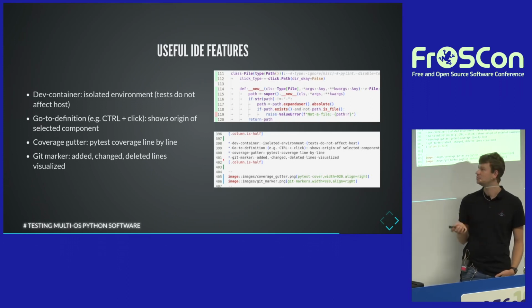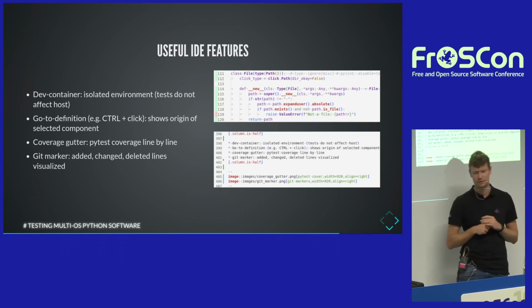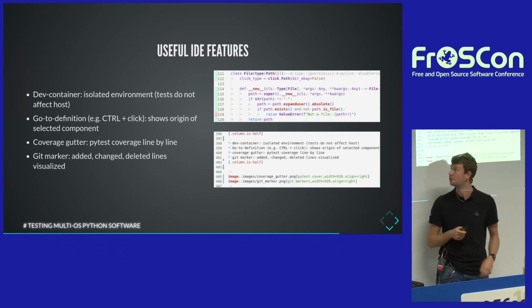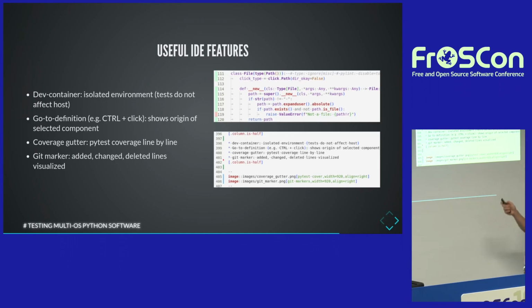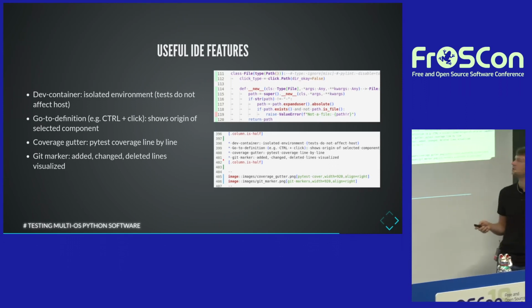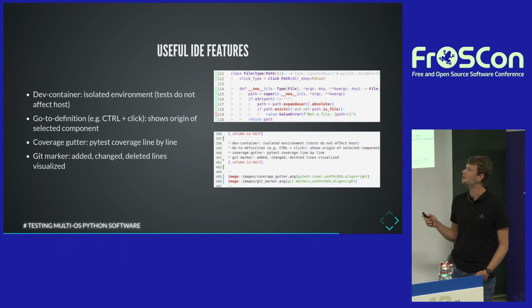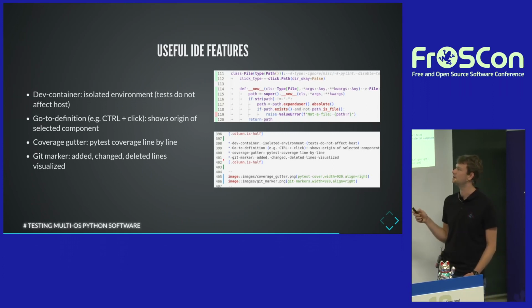And then there are two plugins. Coverage Gutter, which is pretty useful for displaying the pytest coverage files that I mentioned before. And this is what you can see in this upper example here. Here you can see this colored bar. Green means the line has been tested, nothing means there is nothing, and red means the line has not been tested.